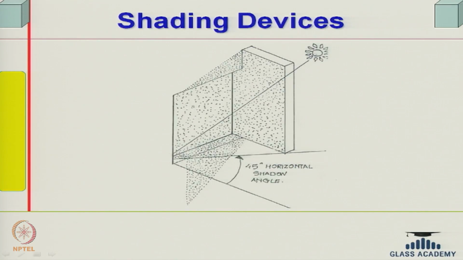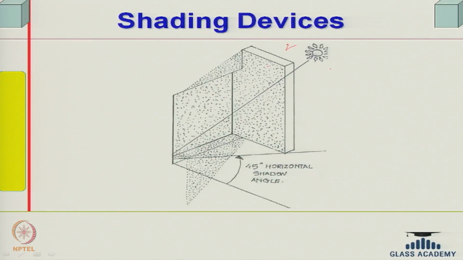Similarly, I can have vertical shading devices, which can block the sun on this side. For example, for an east facing wall, the sun moves, so early in the morning the sun rays will be falling, but let us say I do not want that sun. So, I can block it by a vertical shading device. Similarly, for a west facing wall, I do not want the afternoon sun, so I can block it.